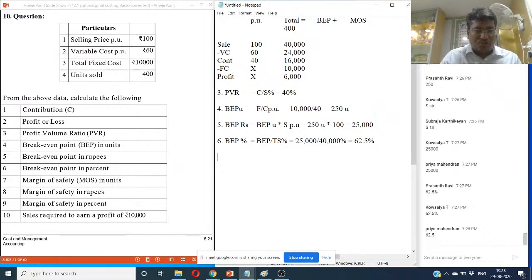What is the seventh question? The seventh question here is MOS in units.